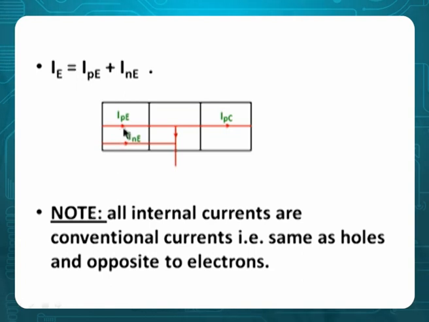Why opposite? All internal currents are conventional current, the same as holes and opposite to electrons. So holes are going this way, electrons are going this way. When we want to take everything as a whole current, you take the opposite for electrons. So at the outset, the emitter current is these two currents, IPE, INE.